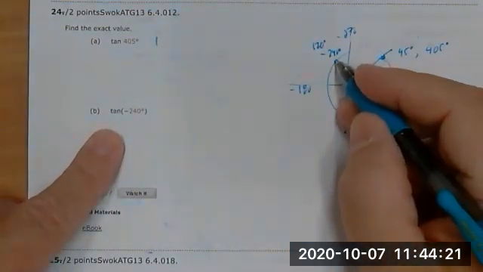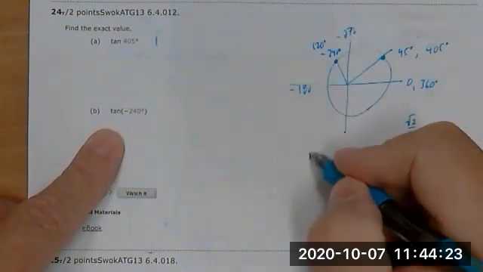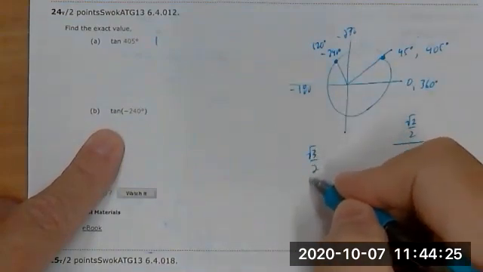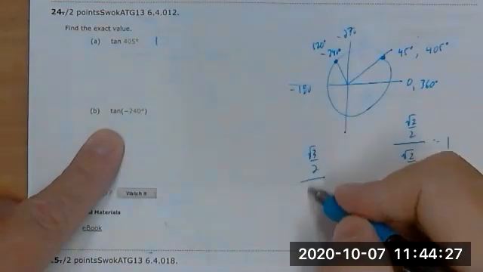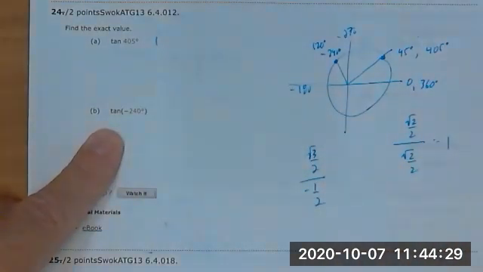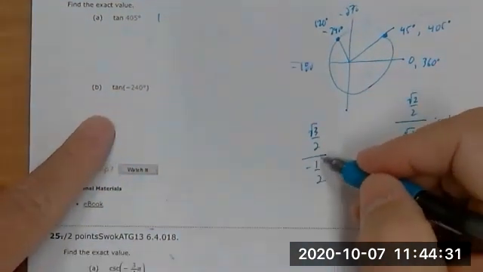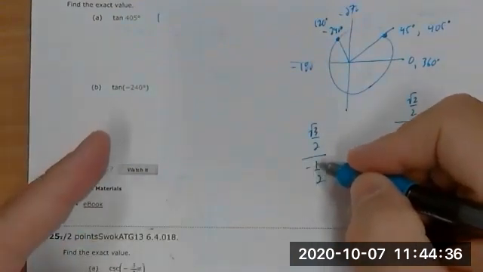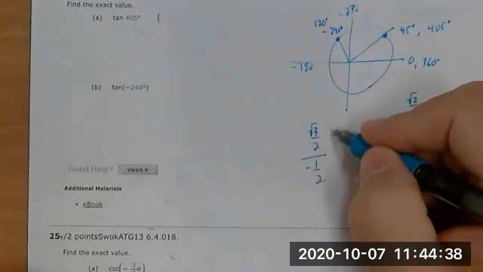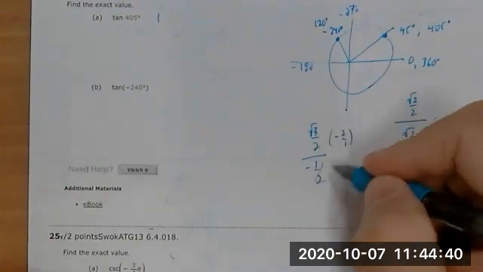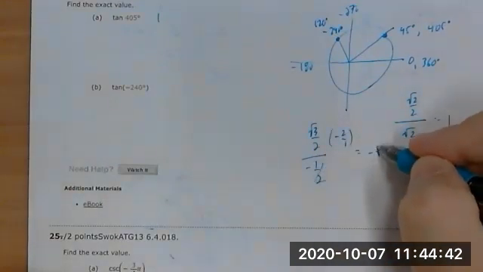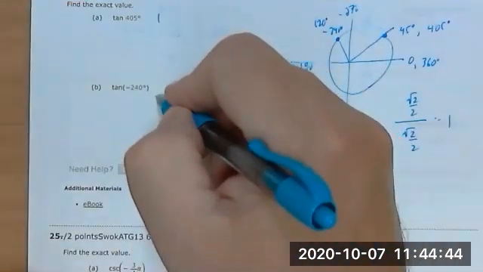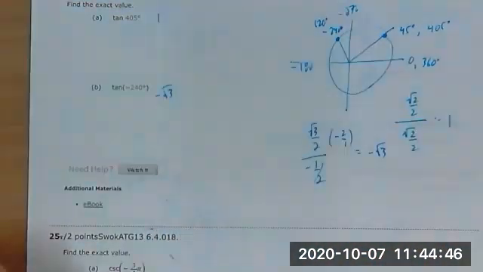So the sine of this one is square root of 3 over 2. The cosine is negative 1/2. So once again, the shortcut to simplify this is you take the bottom fraction and you multiply the top by the reciprocal. So hopefully, if I didn't mess up, it's negative square root of 3.